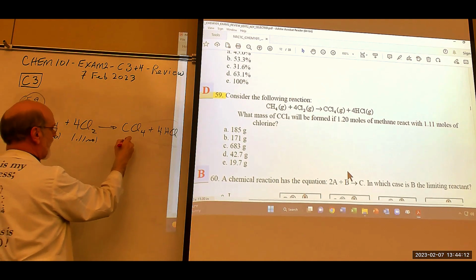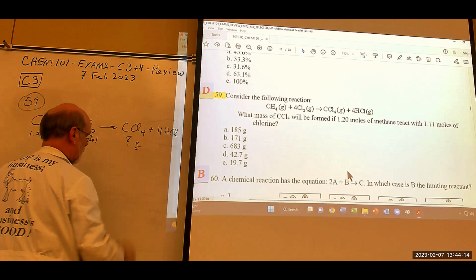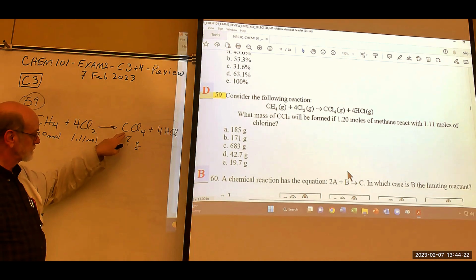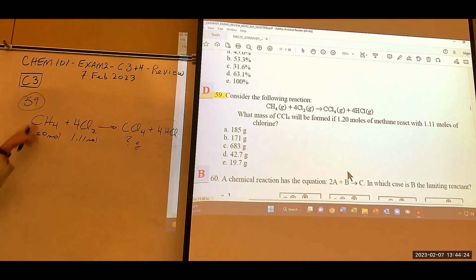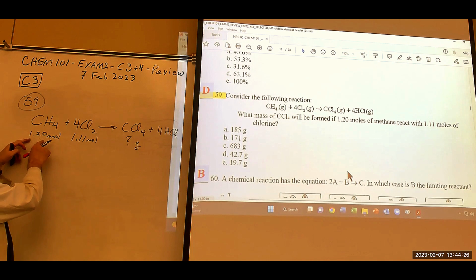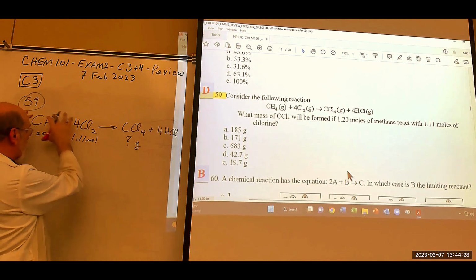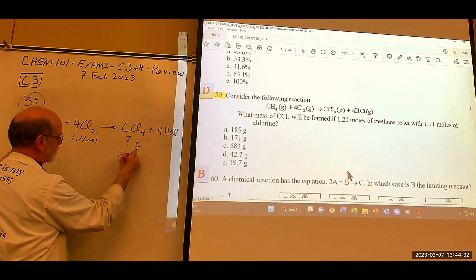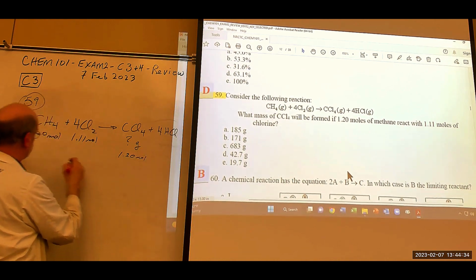And we want to know the mass. Normally what you would do is convert this to the number of moles of carbon tetrachloride, which is actually equal. So if this one is reacted, all of this would give you 1.20 moles of that. That's from this one.